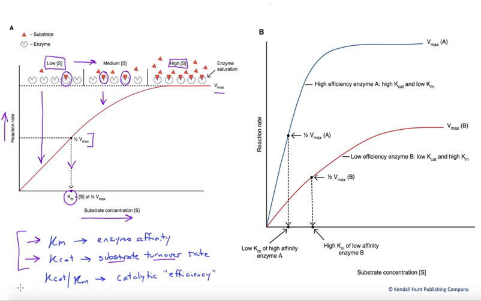And so we combine them in this term down here, the Kcat over Km, to determine what's called the catalytic efficiency of our enzyme. And really what this is like saying is, well, what's our turnover rate given a certain degree of affinity, right? In other words, we want, ideally, for every binding event, we would get a catalytic event.